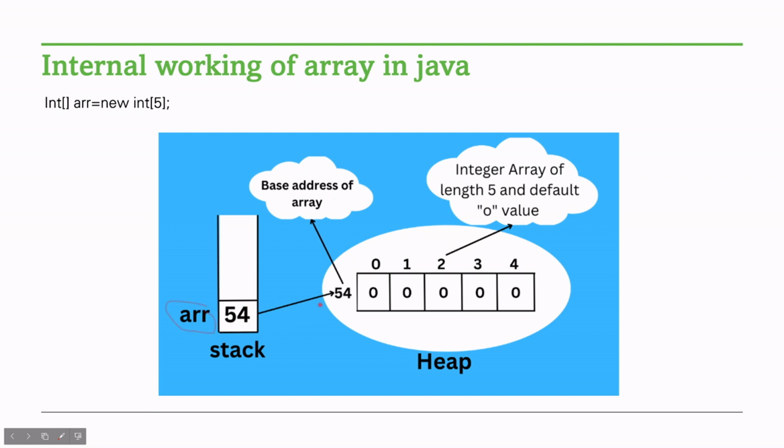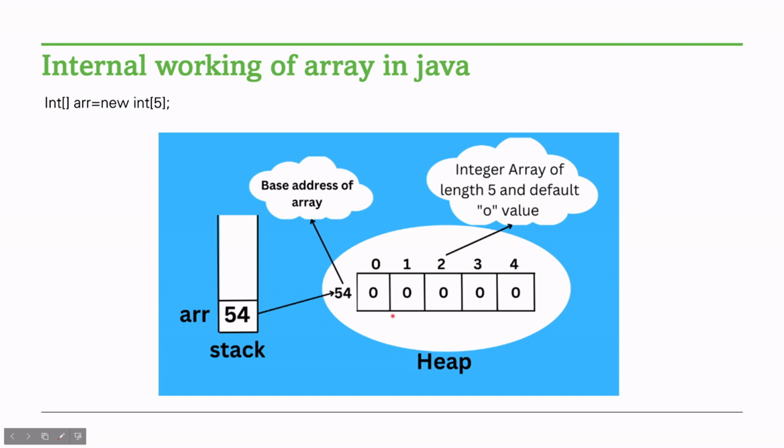Now whenever you access an element based on the index or assign a value to an element, the JVM will calculate, based on a formula, the address of this index, or we can say this block. It is based on the base address, the number of bytes each element takes, and the index where you want to assign the value or get the value.